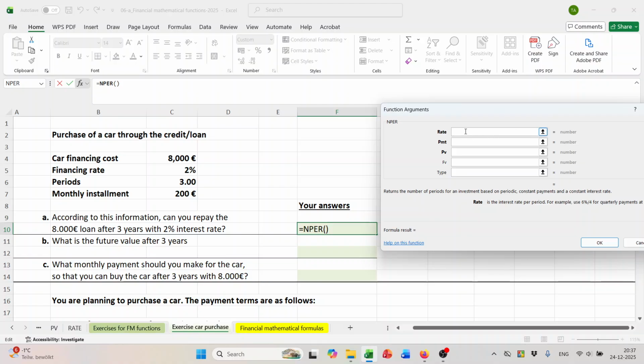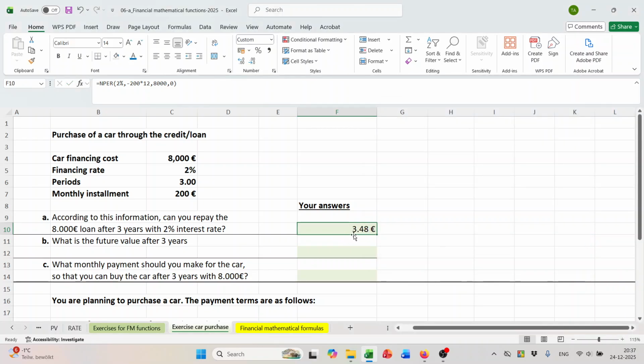Our rate is 2%. Our payment, we are going to pay 200 euro. Obviously it will be with a negative sign because we are giving this money, but it is a monthly installment, so we have to convert it into year by multiplying it with 12. And present value, car financing cost 8,000 euro. The future value should be 0.